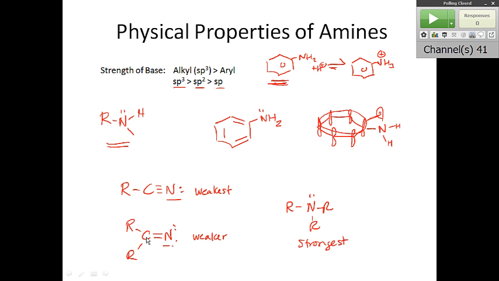So other than just memorizing it, remember that a carbon with a double bond doesn't like a positive charge, and a nitrogen with a double bond doesn't like a positive charge. A nitrogen with a triple bond likes it even less. Okay, so those are our trends for the physical properties.